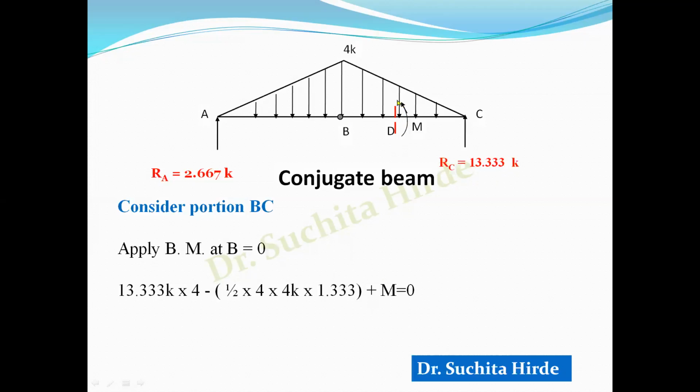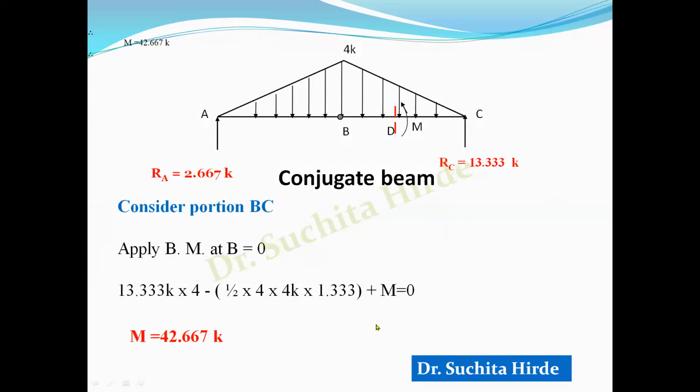This moment is similar to the moment of vertically upward force. So therefore we are writing here plus M. And if you solve this equation, we get M is equal to 42.667 K.